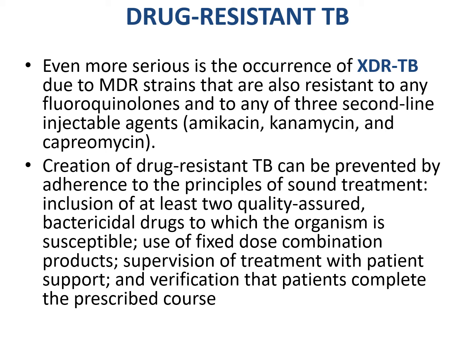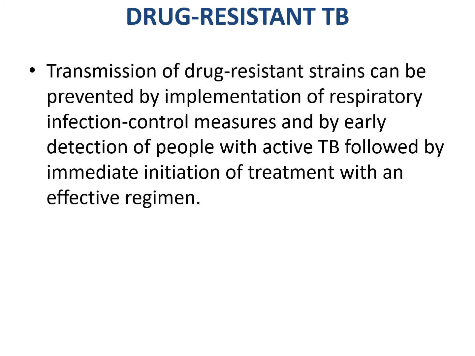Creation of drug-resistant TB can be prevented by adherence to the principles of sound treatment: inclusion of at least 2 quality-assured bactericidal drugs to which the organism is susceptible, use of fixed-dose combination products, supervision of treatment with patient support, and verification that patients complete the prescribed course.